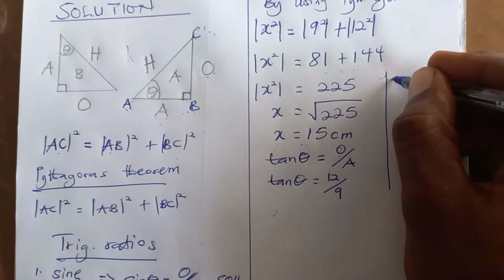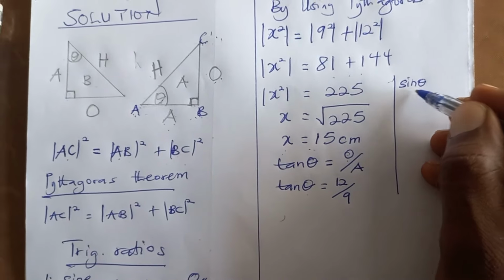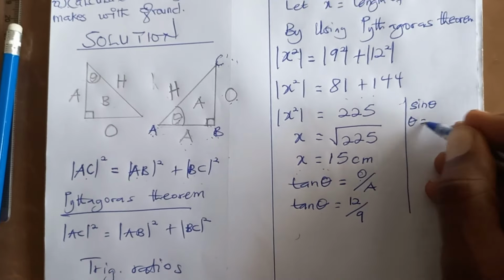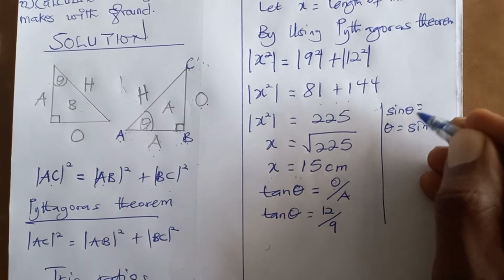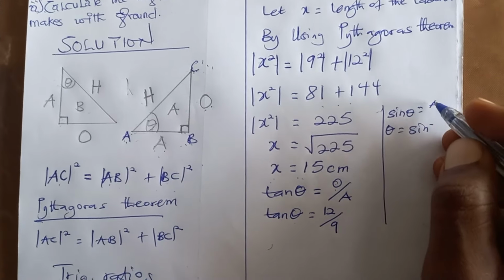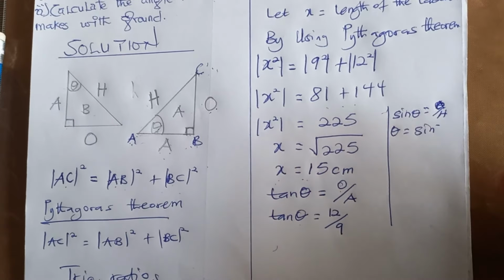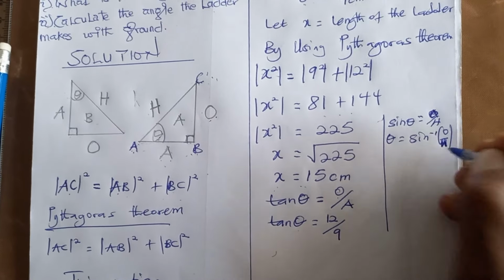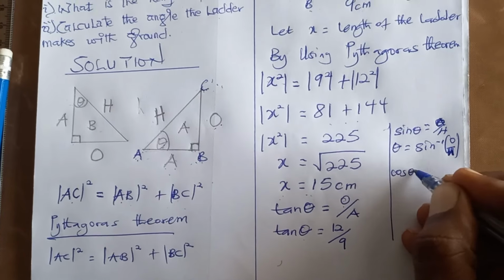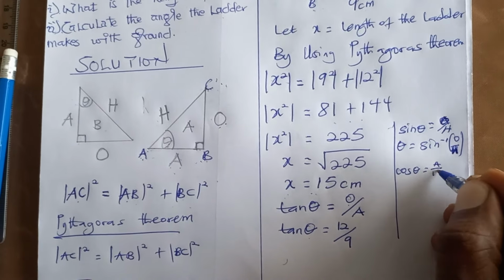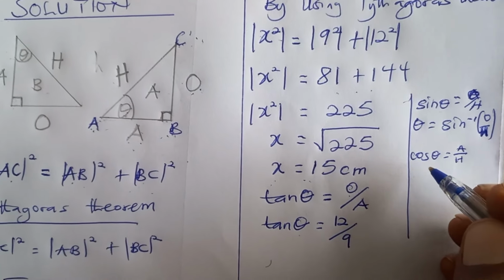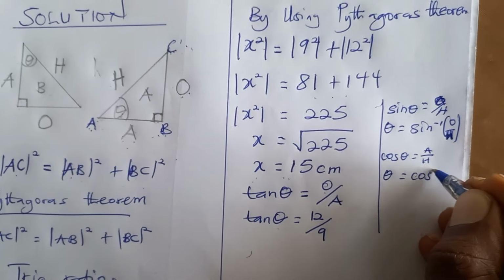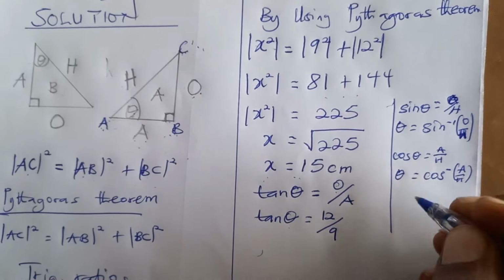If sine theta is O over H, then theta becomes sine inverse of O over H. Then cos theta is A over H, so theta is equal to cos inverse of A over H.